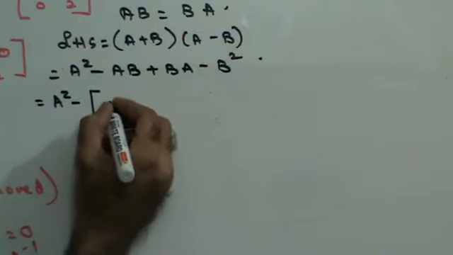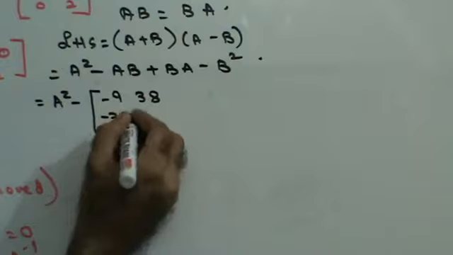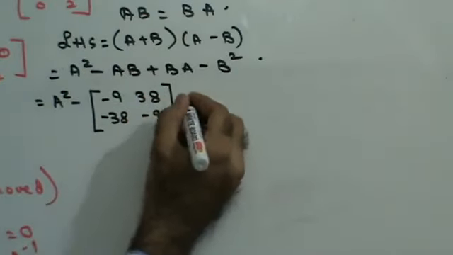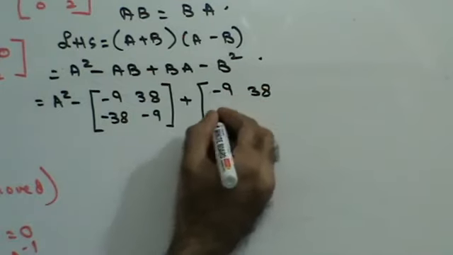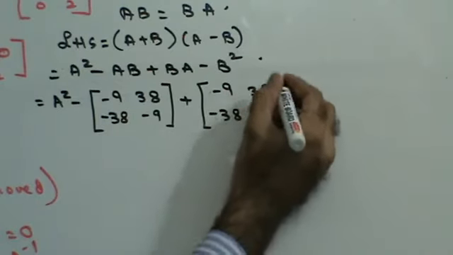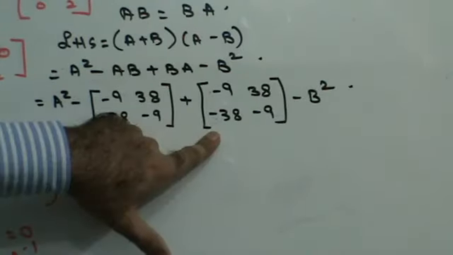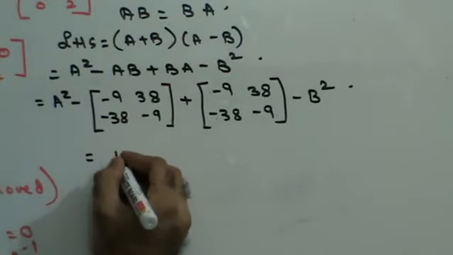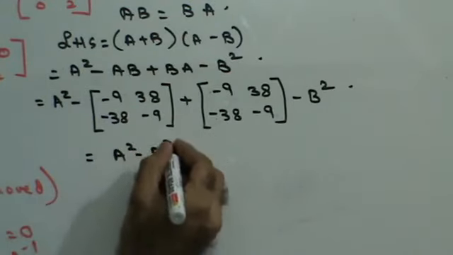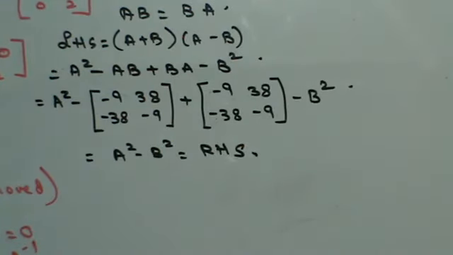We found out the value of AB to be minus 9, 38, minus 38, minus 9, plus BA. We found out the value as minus 9, 38, minus 38, minus 9, minus B square, plus the matrix minus the matrix. Plus and minus cancel, so I'll get this as A square minus B square, which is my RHS. That's what I have to prove, that LHS is equal to RHS. Right?